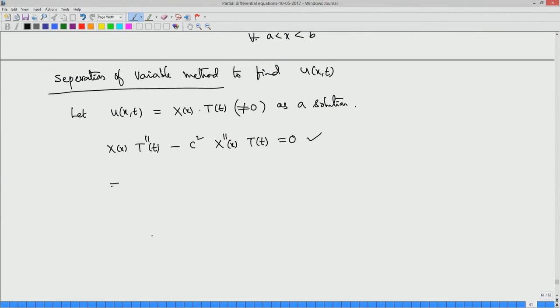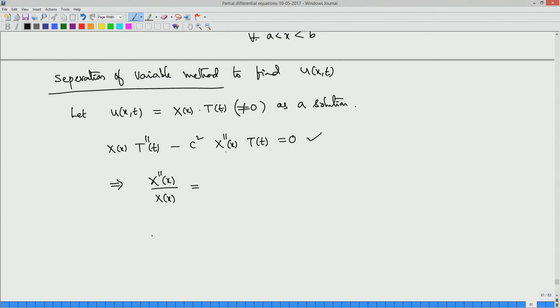Then you can take it to the right hand side, and because this is non-zero, you can divide both sides by X of x and T of t.